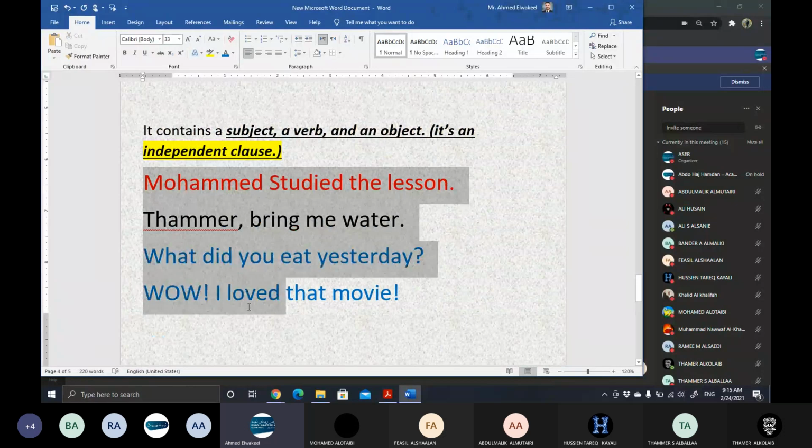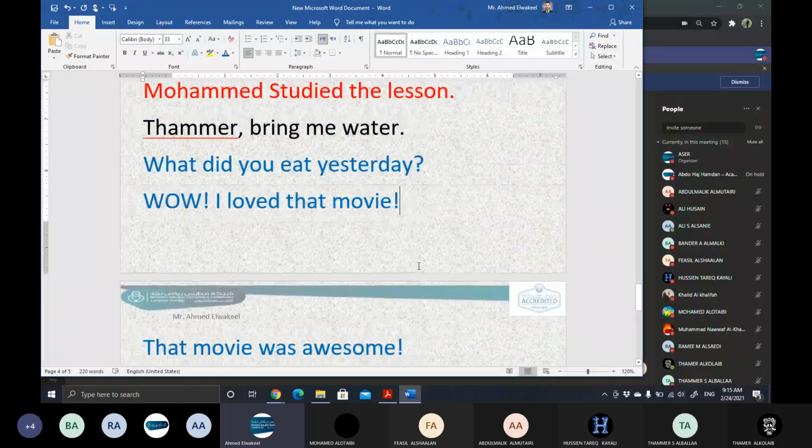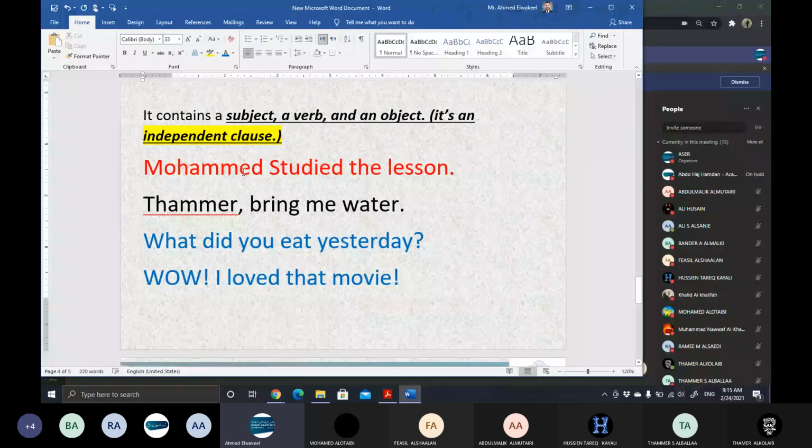If you look at all of these sentences that we have given right now, all of them contain only one subject. Here we have Muhammad. Here we have a hidden subject, you. Here we have the subject you. And here we have the subject I. Only one subject performing an action. And then the predicate, or the rest of the sentence, could be a direct object, an indirect object, a time reference.